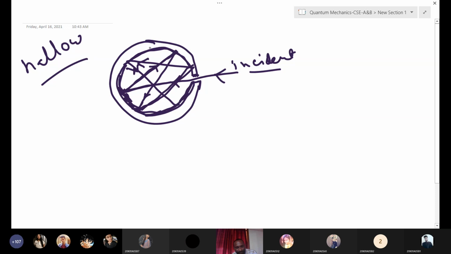Like that, the total light will be absorbed within the material. Once this light is absorbed, it looks dark, a dark color. Then we can say it is a black body.